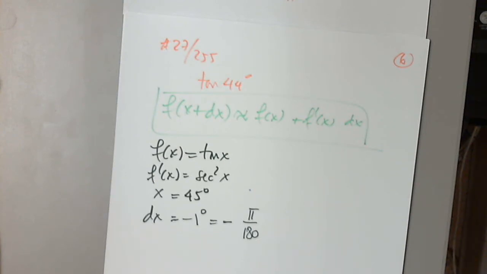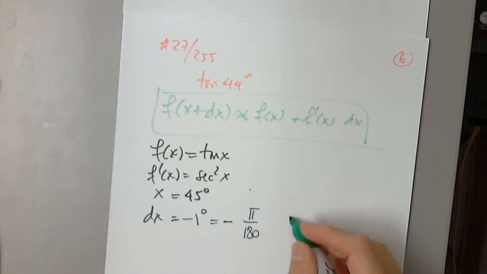We cannot, in a function, in tangent or in secant, it doesn't matter if we plug in degrees or radians. But if it's a degree outside of a trig function in calculus, no formula works for degrees. You have to change them into radians. But inside tangent and secant, it doesn't matter if you put 45 degrees or pi over 4. The answer will always be the same. So please remember that.